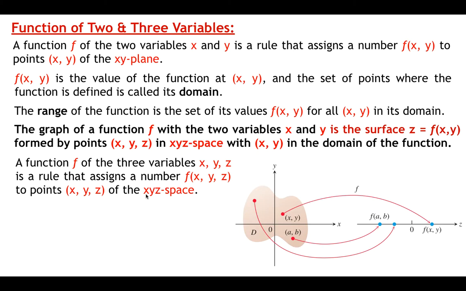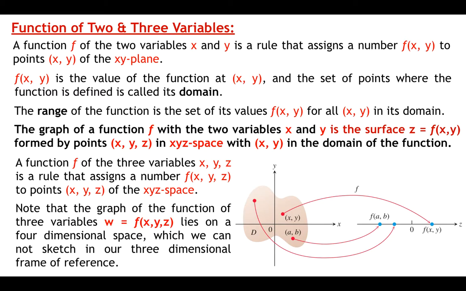For every point in the space for which the function value can be assigned, this will be a point in the fourth direction. So to graph this function we require a four-dimensional space, which we cannot sketch on paper.